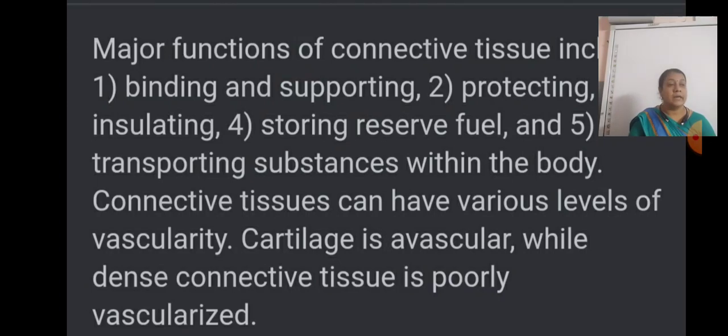Cartilage tissue, bone, and blood all come under connective tissue. When two bones are connected with a ligament, or bone and muscle are connected with a tendon, and blood as well, all come under connective tissue because they connect the body.